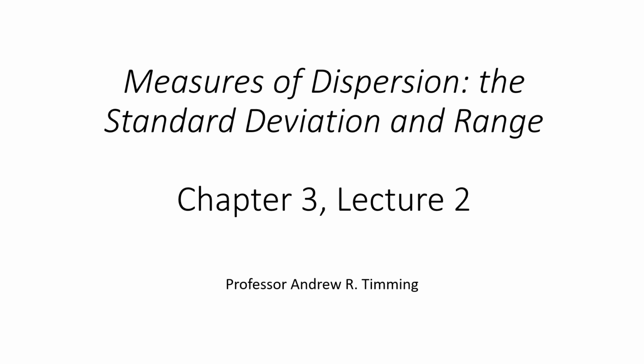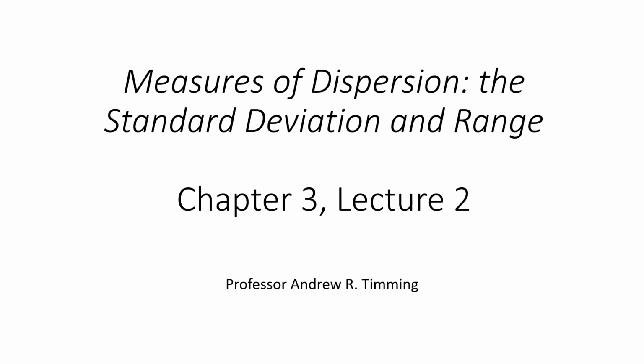So the previous lecture on measures of central tendency, I think, was reasonably easy to comprehend and understand because most people are aware of what the mean is and what it means, how to interpret it, but far fewer people are aware of the concept of the standard deviation, and the concept of variability around a distribution seems to be a bit harder to grasp.